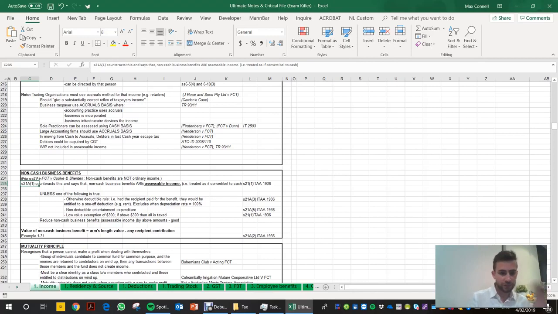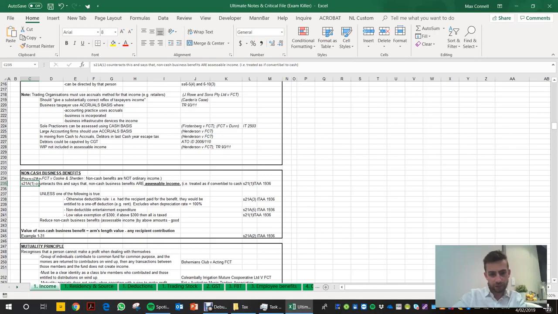We'll talk about that later, but just under the guise of 21A, would this fall under the otherwise deductible rule? Yes, it would, because you as an individual taxpayer would be able to claim that as an education expense. Therefore, it is exempt, and you would not have to include that in your assessable income.